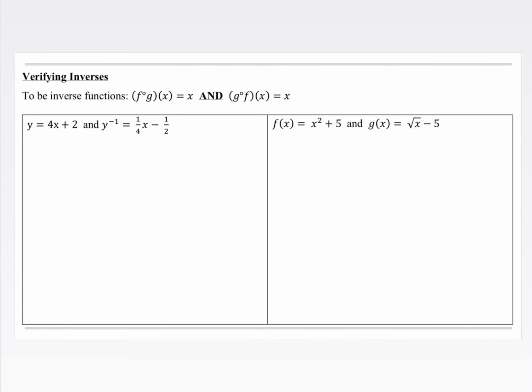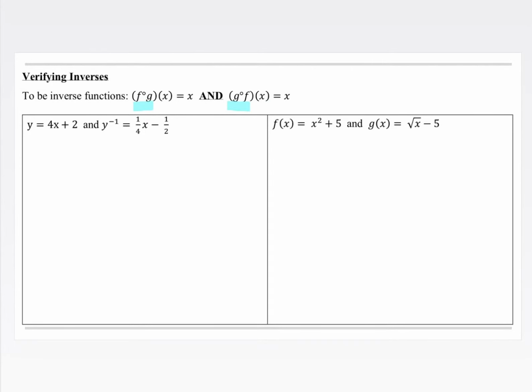So in order to be inverse functions, we have f of g of x equals x and g of f of x equals x. So both of them have to be true.